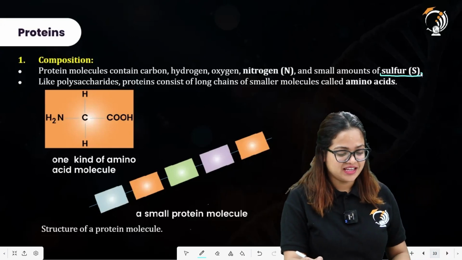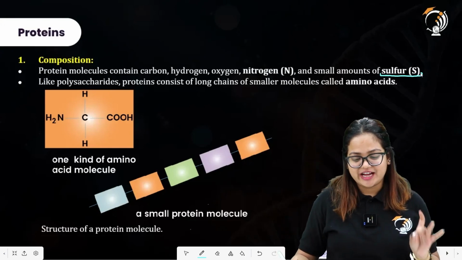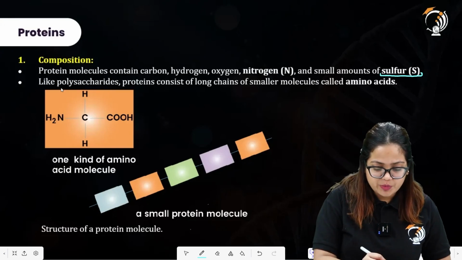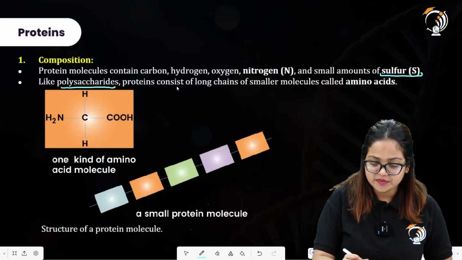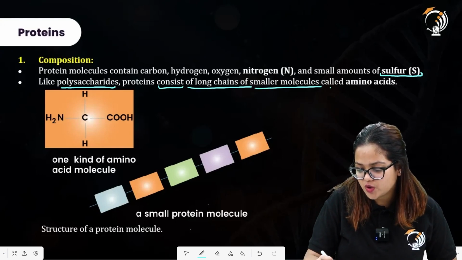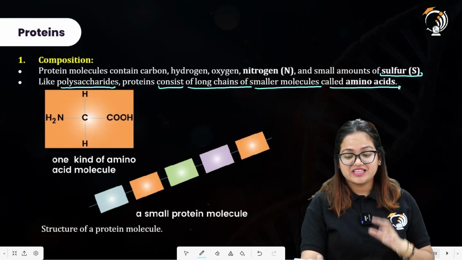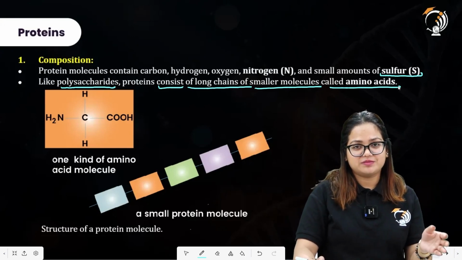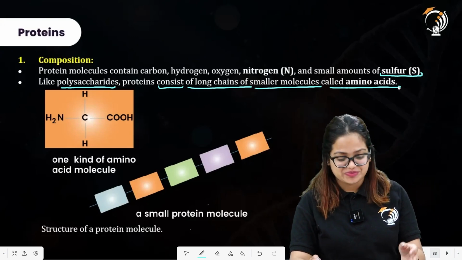Protein molecules contain carbon, hydrogen, oxygen, nitrogen, and small amounts of sulfur as well. Like polysaccharides, proteins consist of long chains of smaller molecules called amino acids. So these amino acids behave as monomers to make a polymer, that is a protein molecule.